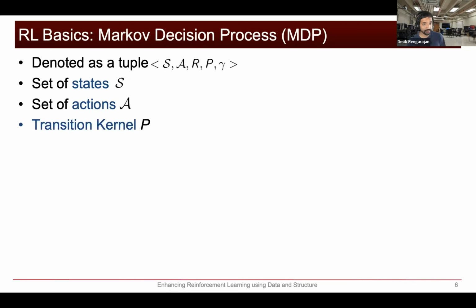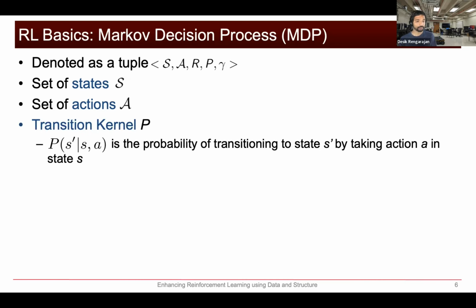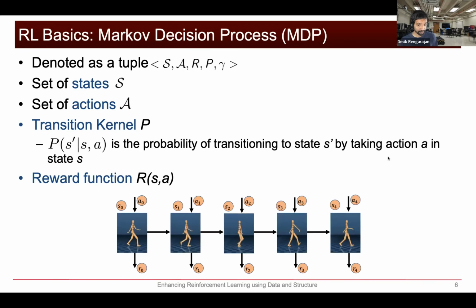The transition kernel P denotes the probability of transitioning to a state S dash by taking action A in state S. And the reward function is a function of the current state and action, which tells us the reward you get for taking a certain action in a particular state.